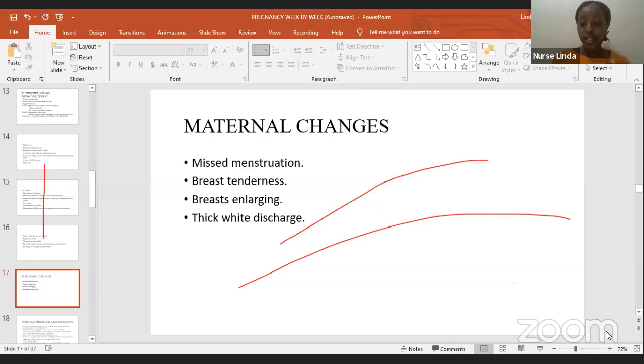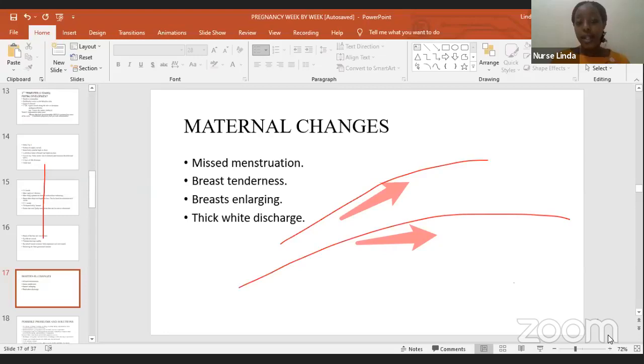There is also breast tenderness, and this occurs due to the hormones of pregnancy. The hormone progesterone is produced to be able to maintain the pregnancy. And so these hormones of pregnancy are the ones that cause the breasts to be tender.